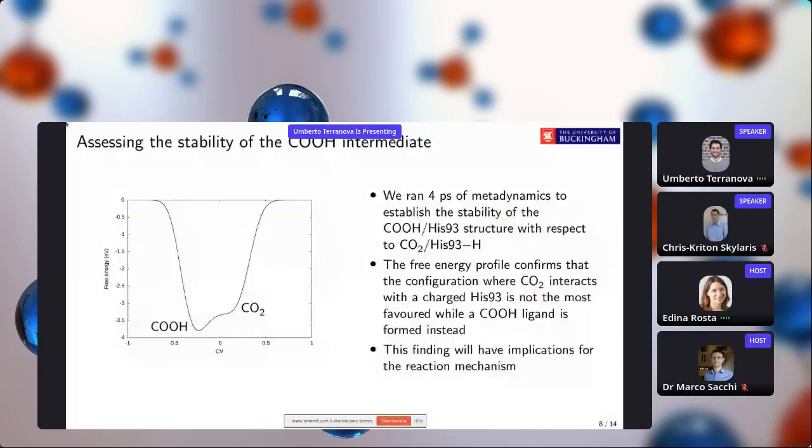Okay, let's continue. So I was saying that the metadynamics was able to confirm that the COH ligand is more stable than one where a CO2 is present, and this will have implications for the reaction mechanism.